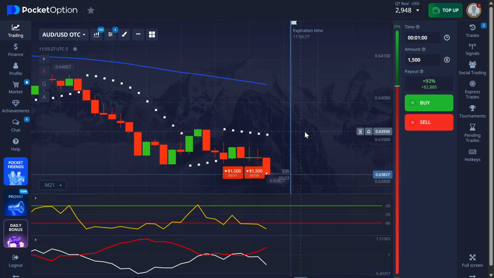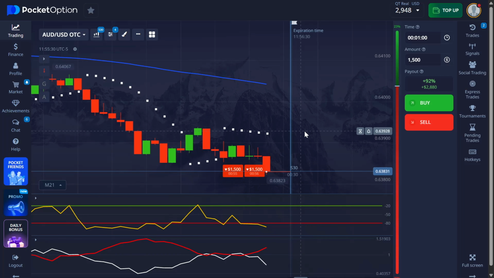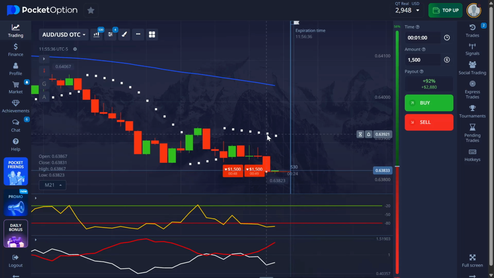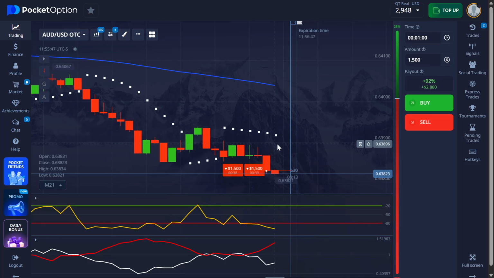Okay, guys, so what I wanted to share with you, when you're entering your trades, you should enter on the 6th parabolic SAR or less. 6, 2 to 6. Now, if you enter on your 6, your trade might close on the 7th if you're doing one candle, or the 8th if you're doing two candles.